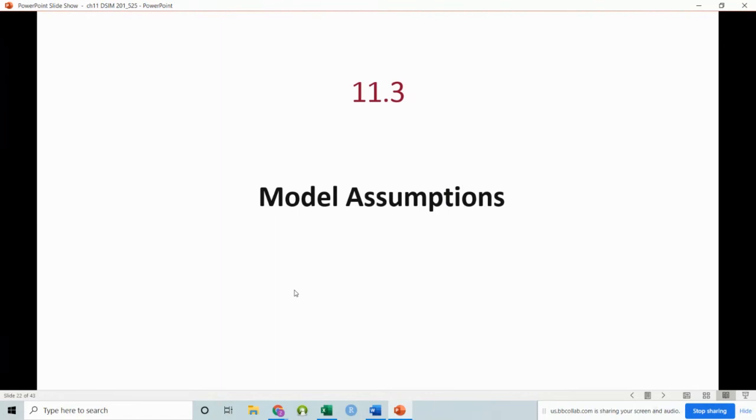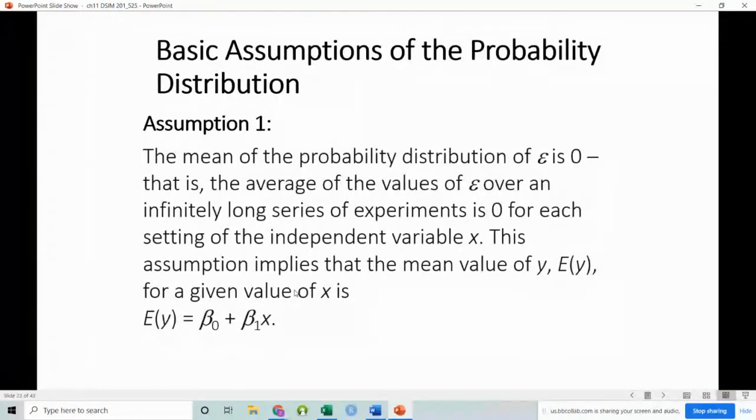So there are several assumptions that we need to go over before you can run a linear regression model. So let's talk about those. Assumption 1 is the mean of the probability distribution of epsilon is 0. That is, the average of the values of epsilon over an infinitely long series of experiments is 0 for each setting of the independent variable x.